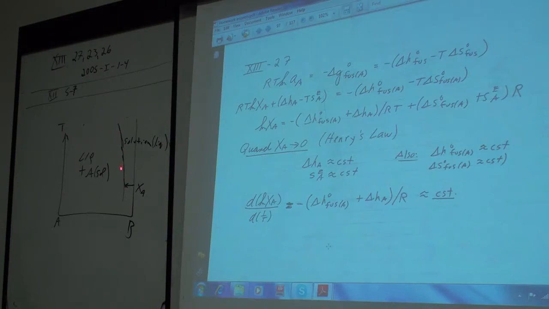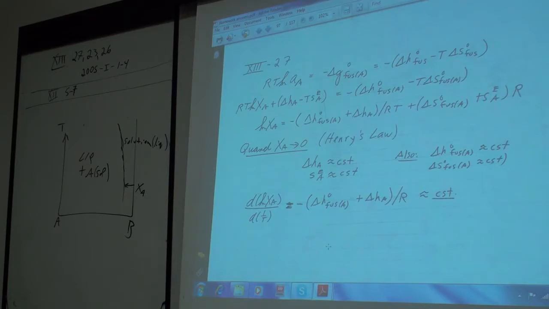This is the liquidus of A. So the activity is RT log XA plus the partial excess Gibbs energy of A, which is the partial heat of mixing of A minus T S excess of A in the dilute solution, equals the heat of fusion minus T S fusion of A.